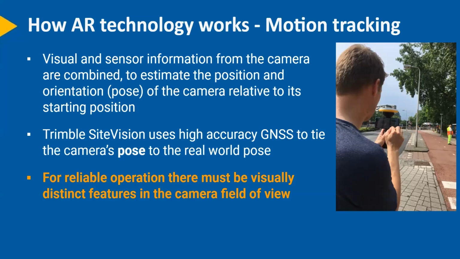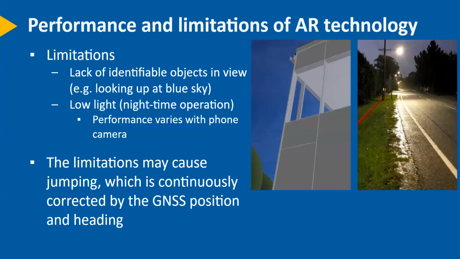And in those cases where you don't have visually distinct features, or the camera can't make those things out, like the lack of identifiable objects in the view, meaning you're looking at a single gray wall, or you're looking up at the sky where it's all blue, or down at the grass where it appears to the camera and the technology to be very uniform features, there are some of those limitations to augmented reality.